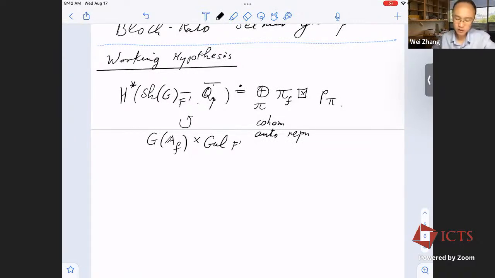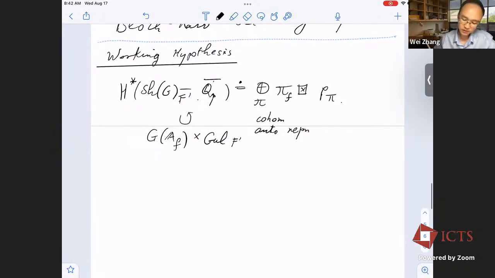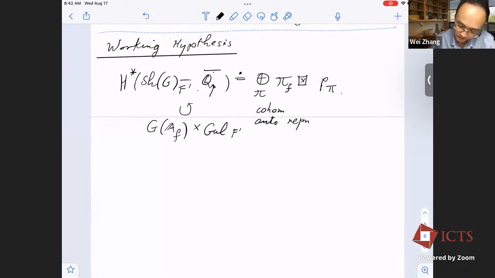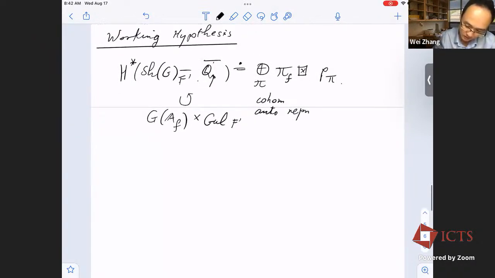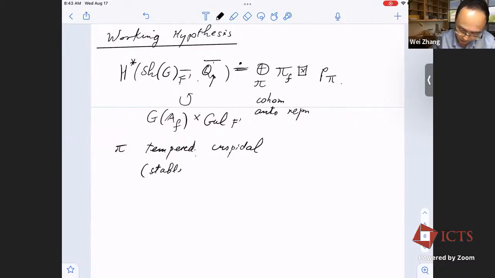Here I will only consider the middle degree. In fact, I'll only consider those pi which are so-called tempered, so they're kind of the nicest. So in the case of pi_f, pi, generic tempered cuspidal, let's say stable in the sense that the base change from the unitary group to GL_n remains cuspidal.